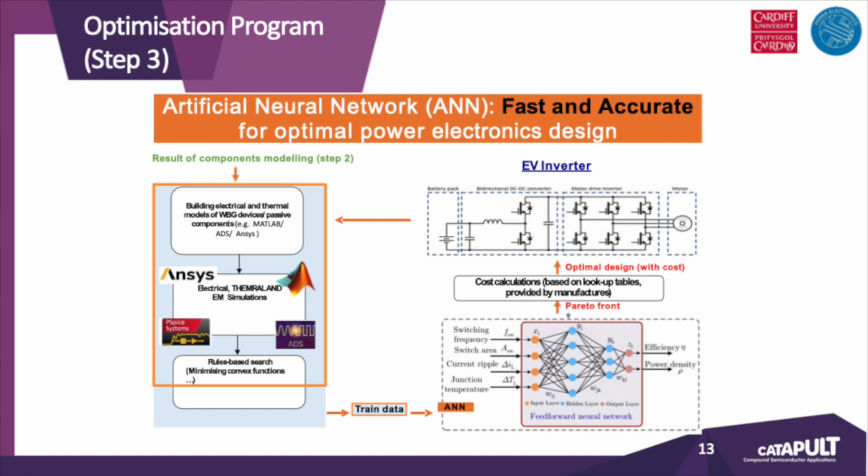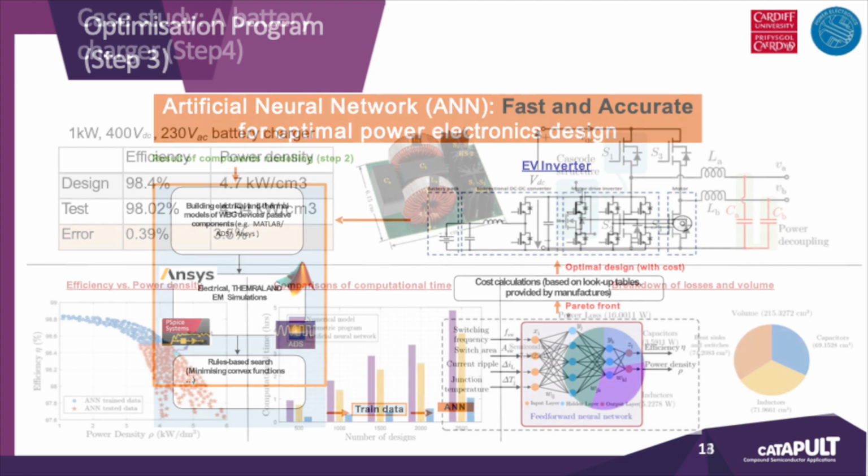I'll show you what it really looks like in the next slide. After that, we build an internal database to calculate the cost and also the volume, that kind of stuff, and eventually we get the optimized design for the EV inverter.